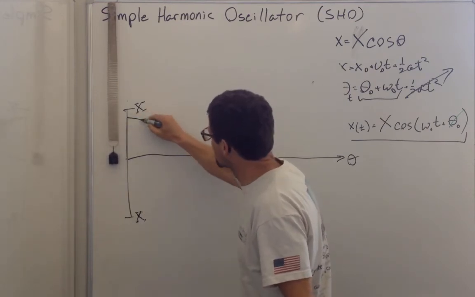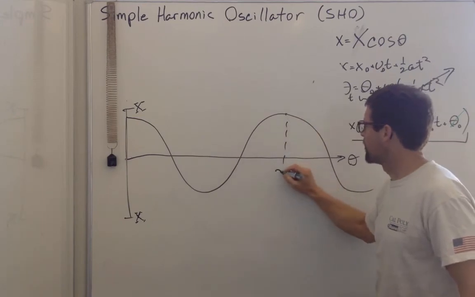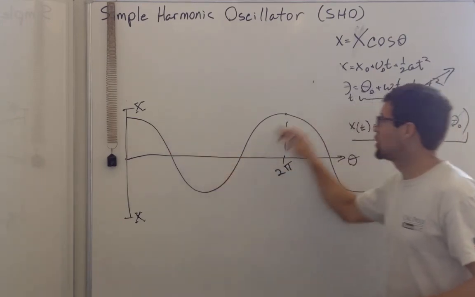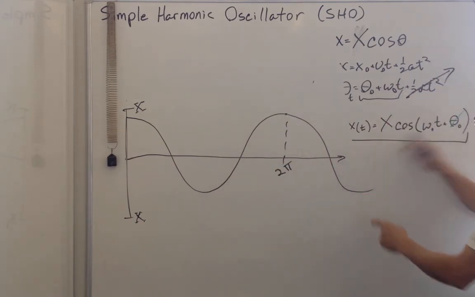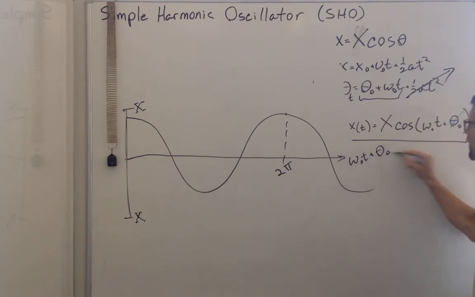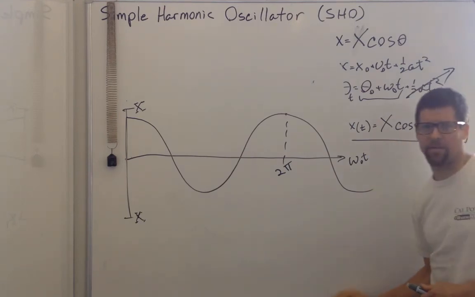And it would go like this. And we know the measurement for a full oscillation is going to be 2 pi. And so if we wanted to show this oscillation in time, rather than make this versus theta, we make this versus omega naught t plus theta naught. Okay, and for simplicity again, let's leave theta naught out of this.